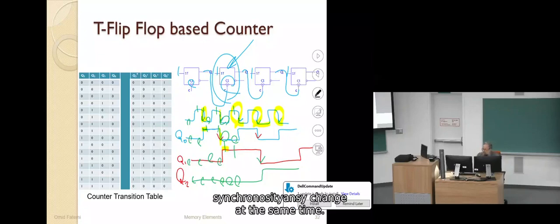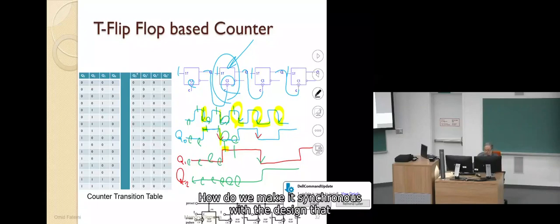Synchronicity means they change at the same time, even with a specific delay, but they change at the same time. This doesn't happen. So it is not synchronous. It is an asynchronous counter. How do we make it synchronous?